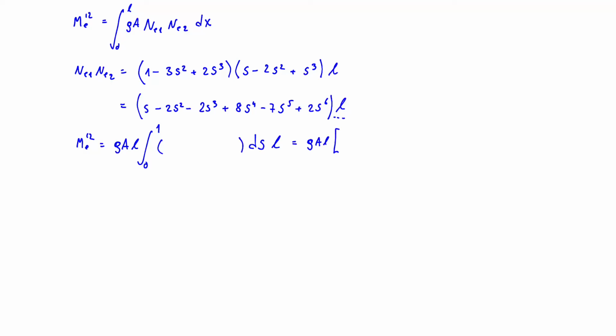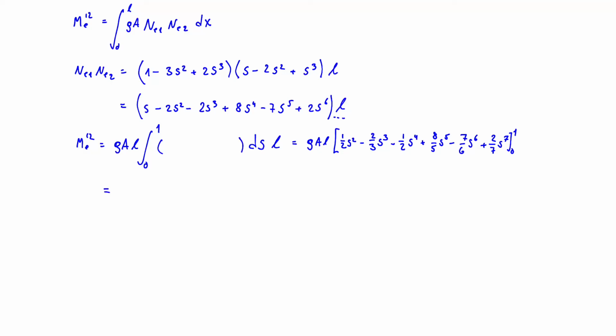And s integrated is equal to 1/2 s squared. 2 is 2 over 3 s to the power of 3, minus 2 over 4, that is 1/2 s to the power of 4. Then we have 8, and we need to divide by 5 because s comes to the power of 5, minus 7 divided by 6, s to the power of 6, and at the end plus 2 divided by 7, s to the power of 7, from 0 to 1.